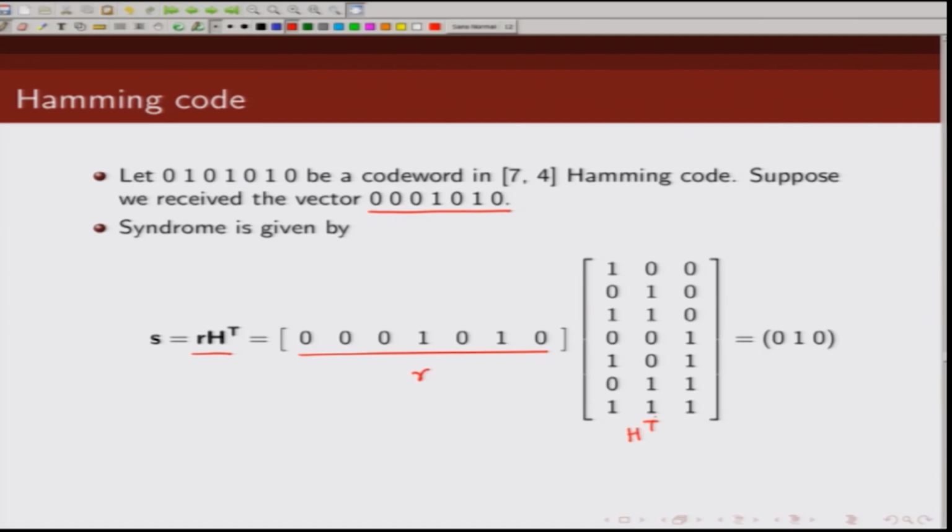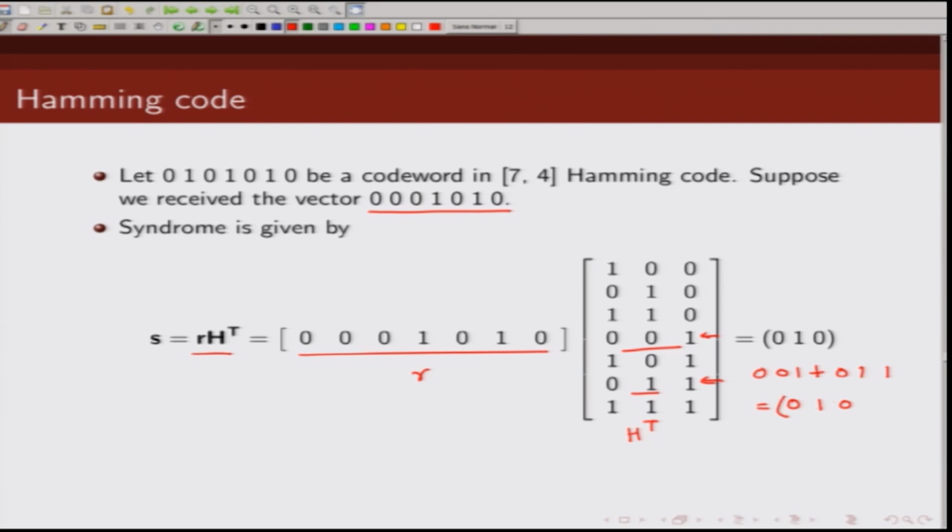Now, in H transpose, this is 1, 2, 3; this row will participate, this row. So, my syndrome will be this row plus this row plus this row. So, this will be 0 0 1 plus 0 1 1, which is 0 1 0.